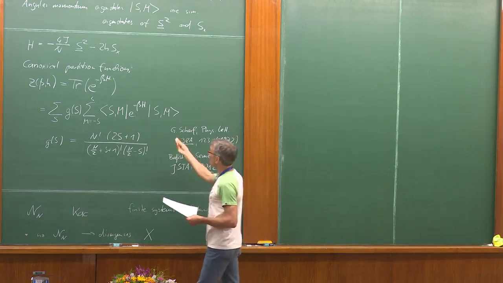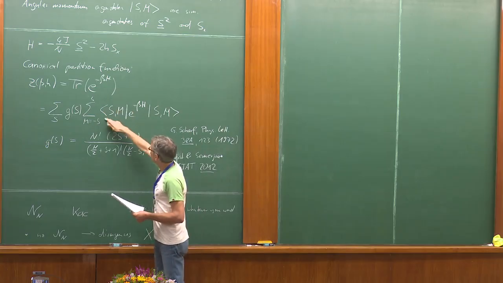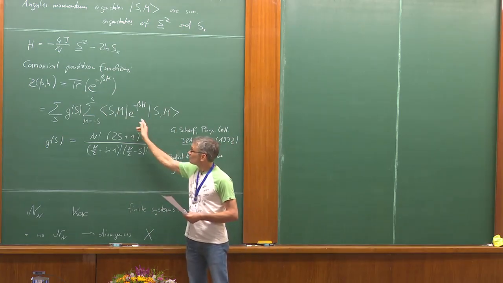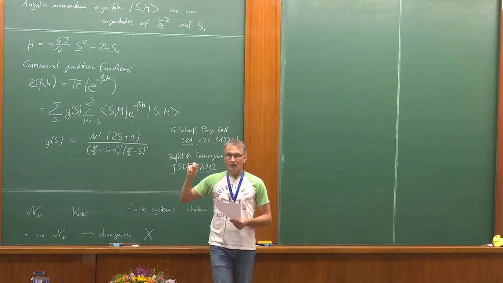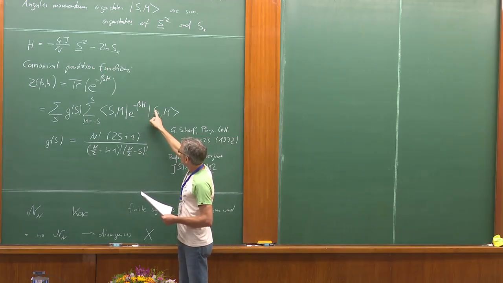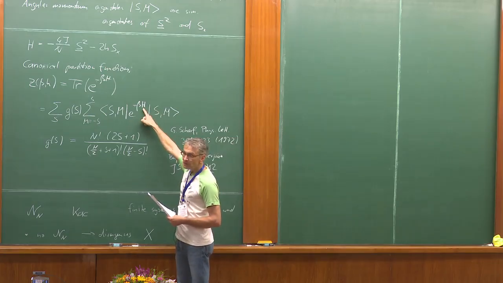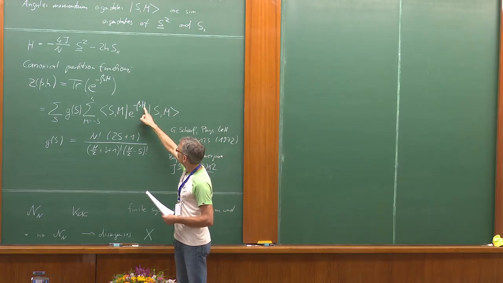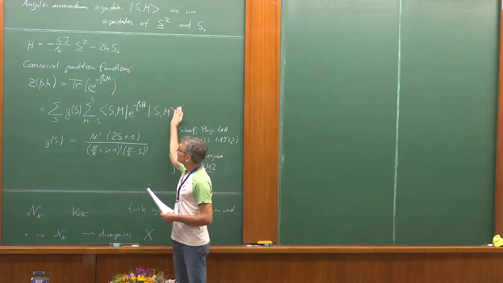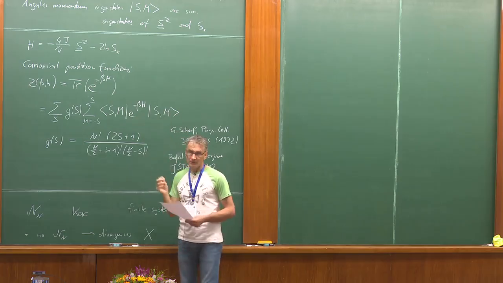All right, so our remaining task now is to evaluate this formula, this expectation value here. And at this point you see why the choice of this Heisenberg Hamiltonian makes our life so simple. Now the S,m basis is an eigenbasis of the Hamiltonian, and we can directly evaluate this expectation value.